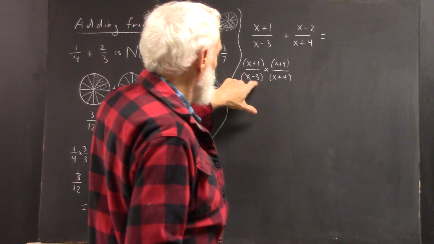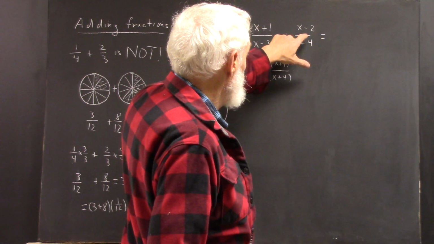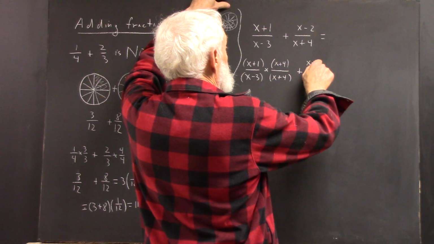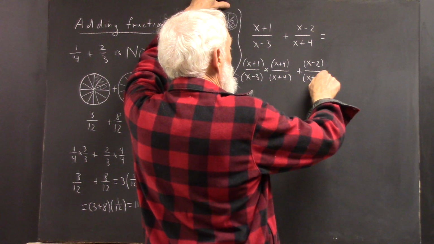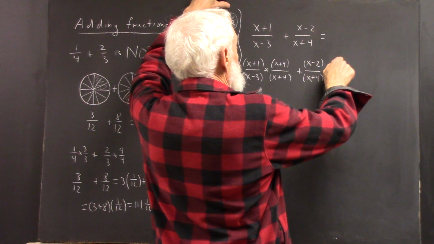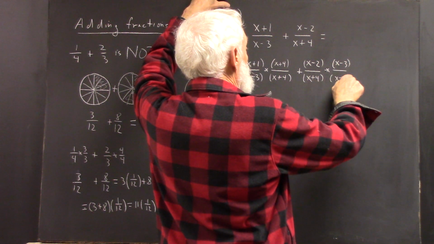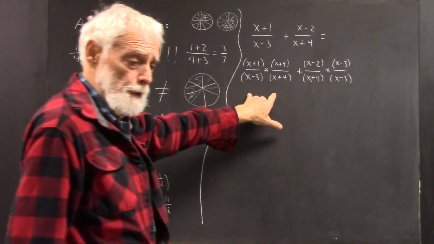That'll make the denominator (x minus 3) times (x plus 4). And then if I multiply this fraction by (x minus 3) over (x minus 3), the denominators are going to match.